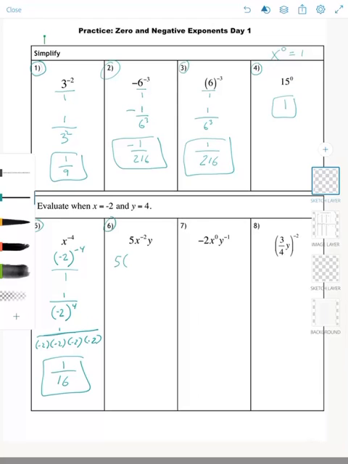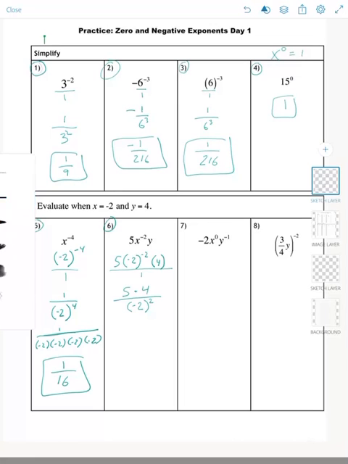For 6, first we substitute using parentheses. Negative 2 to the negative 2 power times 4. So the exponents need to be handled, and anything with a positive exponent can stay where it is. With the negative exponent, it gets flipped upside down. So if this whole thing's over 1, then what stays on top is 5 times 4, and what goes upside down is negative 2, which is now to the positive 2.